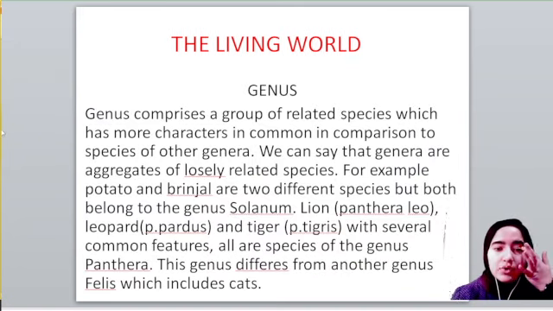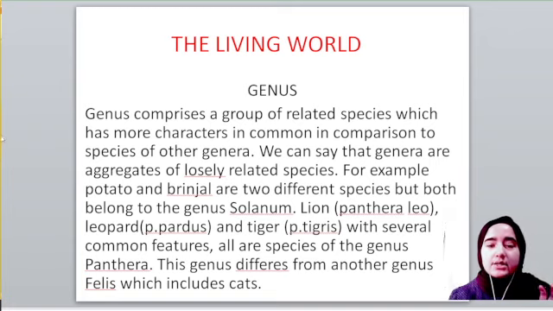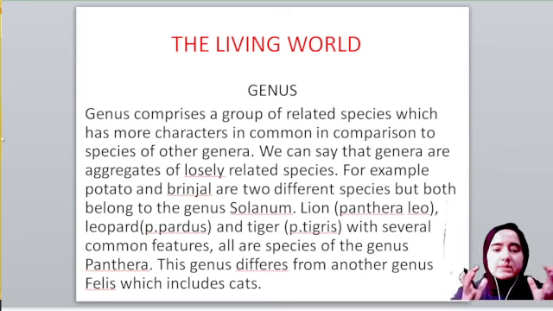Now we will see what genus is. Genus includes related species, as I already said: Solanum tuberosum, Solanum melongena, Solanum nigrum. Similarly, we have Panthera leo, Panthera pardus, Panthera tigris. A genus comprises a group of related species which have more characters in common than species of another genus.